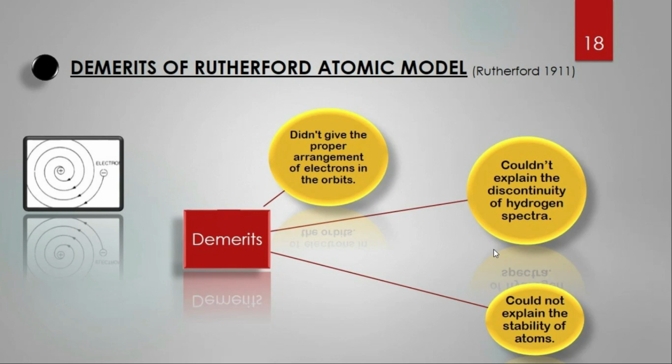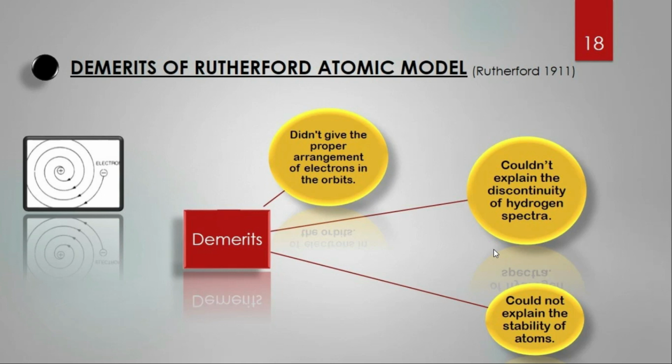But if the electron goes into the nucleus, then the atomic structure of Rutherford's model is not there anymore, and hence the atom becomes unstable. But in reality, atoms are stable. That means Rutherford's atomic model is either wrong or incomplete.